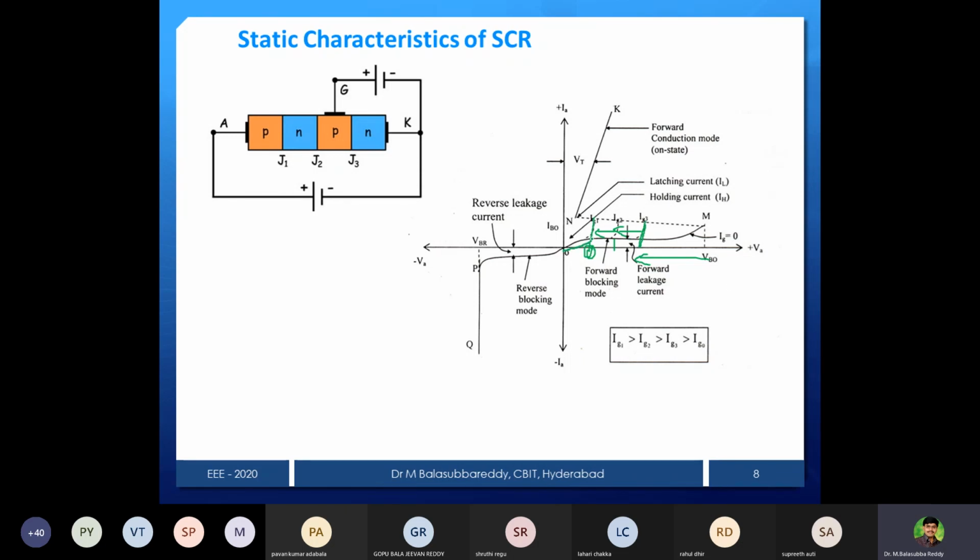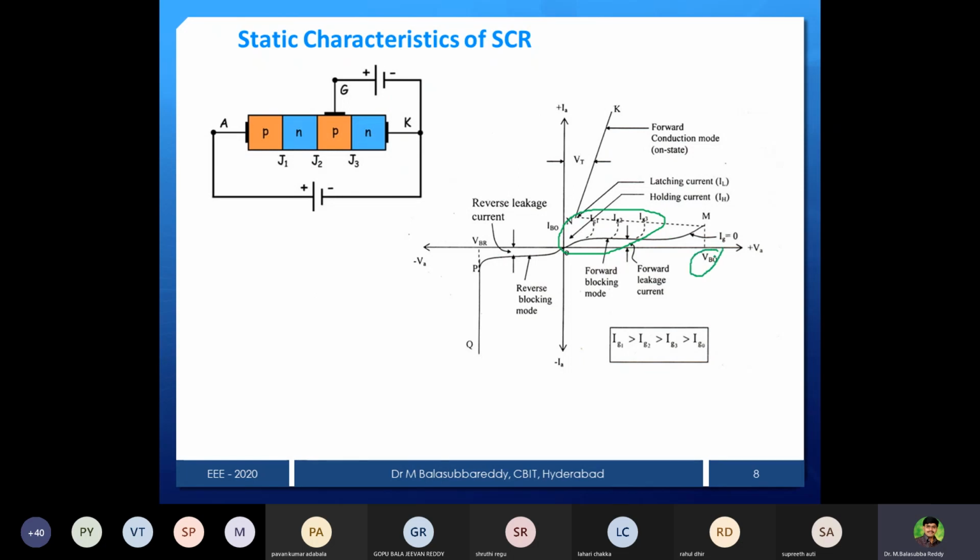So that is why you can see the characteristics now. If I increase this way it will trigger, and then this way it will trigger, based on your triggering voltage. So this is one of the ways you can trigger the SCR, by using the gate. That's why we preferably use this type of triggering instead of breakover voltage.